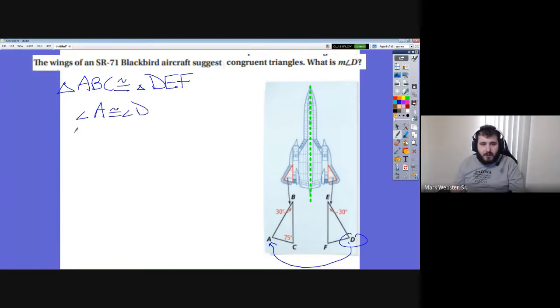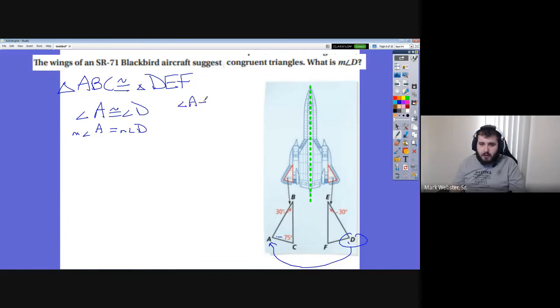That is to say, the measure of angle A is the same as the measure of angle D. So how do we figure out what angle A is? Well, don't these three angles of the triangle add up to a certain amount? The measure of the three angles of the triangle always add up to 180. So A, B, and C, those three angles had better make 180.